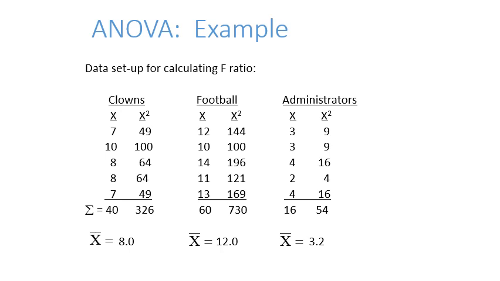Need to do a little bit of math here. The little bit of math gets us to this point. And again, we've got some means here. You can also do x total. It's going to be equal to 40 plus 60 plus 16, so 116. You can do the x squared total, which is 730 plus 326 plus 54, which comes out to 1,110.